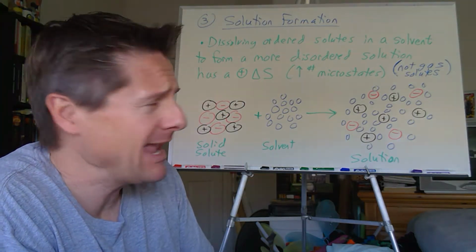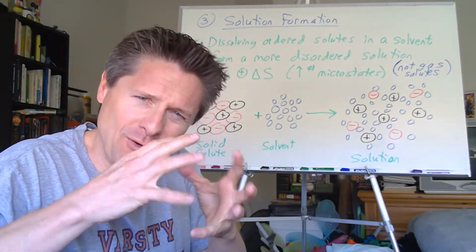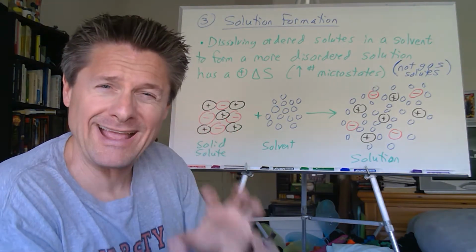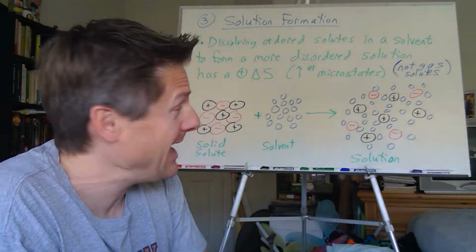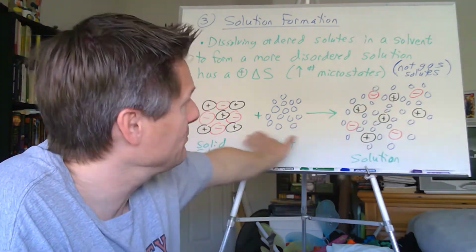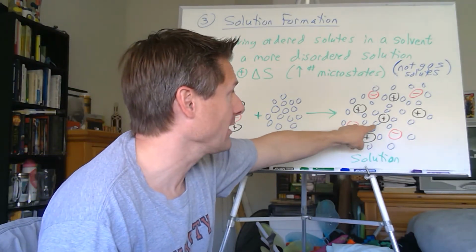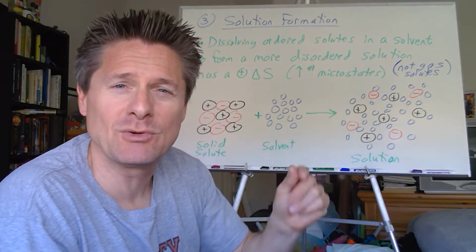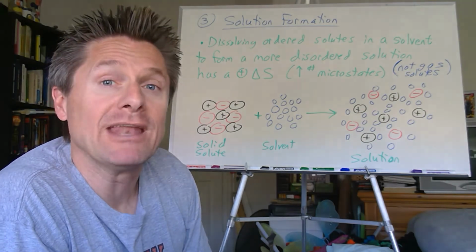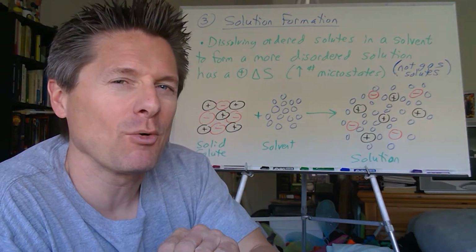It's a little more complicated because of the ion-dipole attractions, so the water molecules organize a little bit more than you would anticipate. You would expect a pure delta S value without thinking about the attractions between the water and the ions. But if you take those into account, it may not be as big of an entropy increase as you would expect.